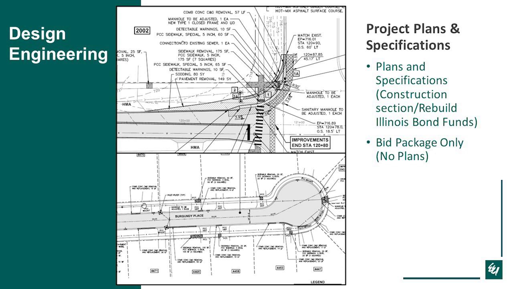But if you're just using MFT funds on a maintenance section, you would just need a bid package and specs. Typically in those specs, we would put typical section exhibits showing what the work is going to be done. We'll have exhibits showing where the ADA ramps are that are to be replaced, but they wouldn't be a detailed set of plans.